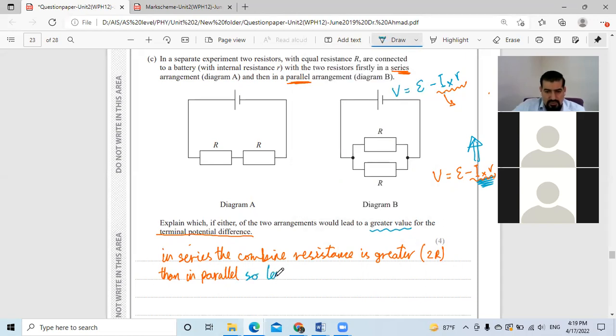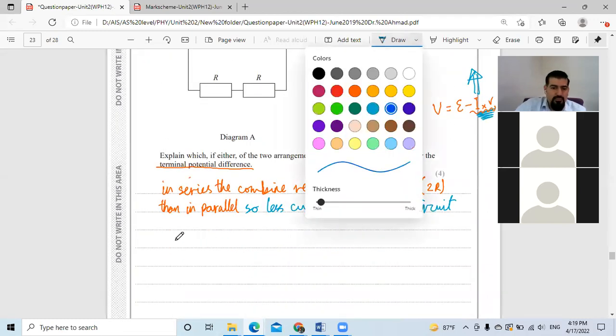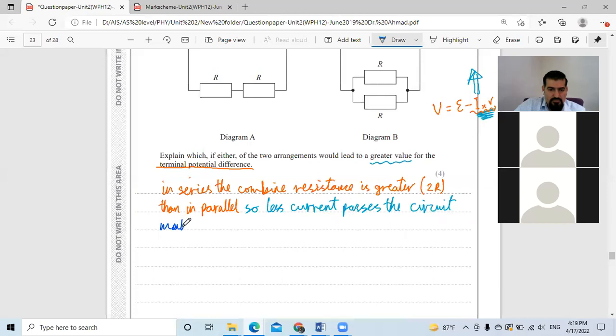So less current passes through the circuit, making less dropping voltage due to the internal resistance.